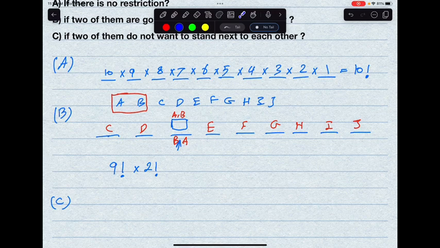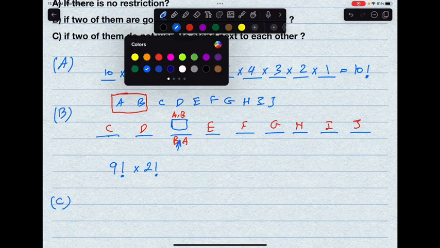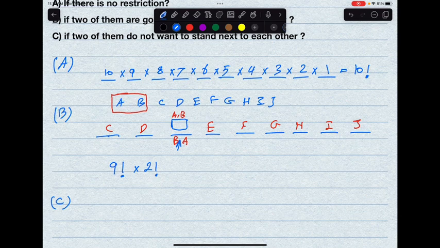We can simply say n(A complement) is n(S), the sample space, minus n(A).